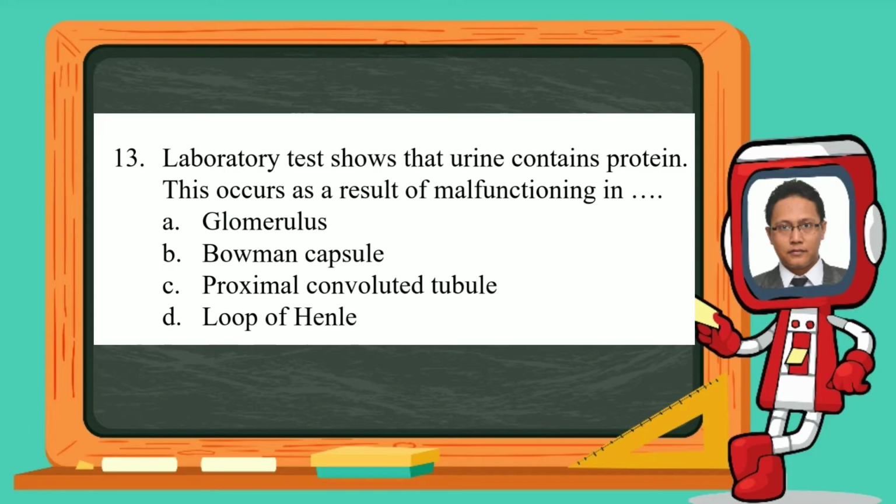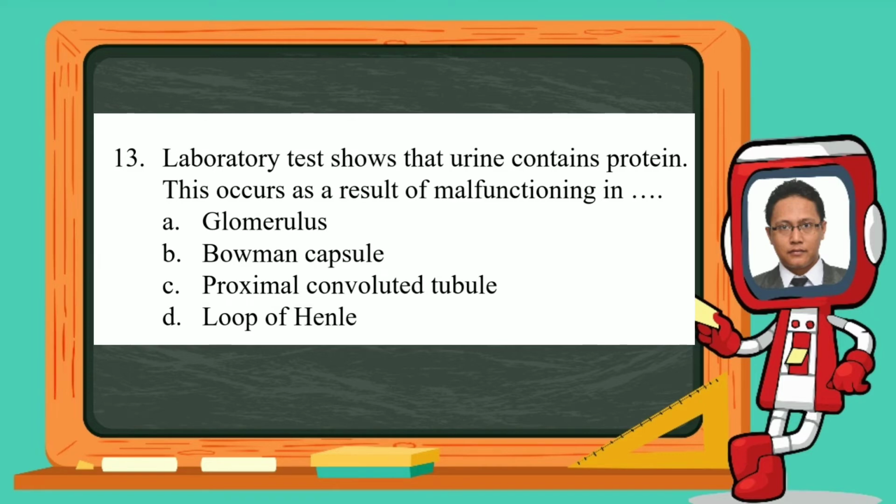Into the next question. Based on the lab test, the urine of certain individuals contains protein. This is not normal, and you were asked to predict what caused this abnormality. In order to answer this, you have to know the steps of urine formation. The first step of urine formation is filtration, if you remember.